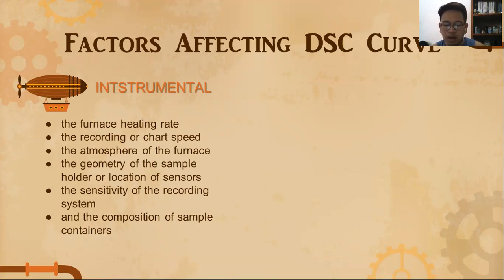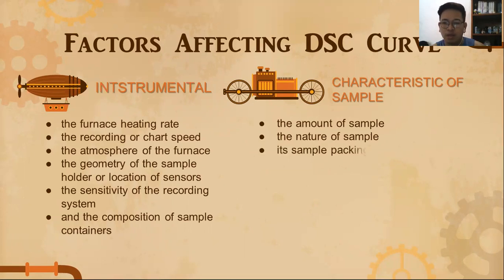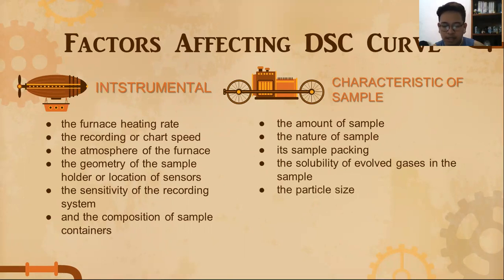For the characteristics of the sample: the amount of sample, the nature of the sample, sample packing, the solubility of evolved gas in the sample, the particle size, the reaction to heat, and the thermal conductivity.